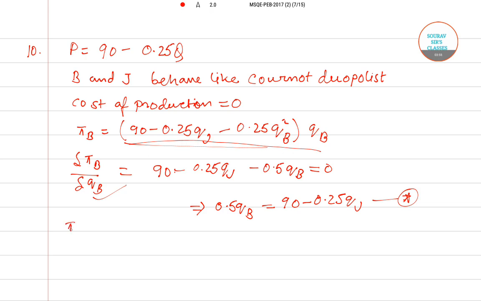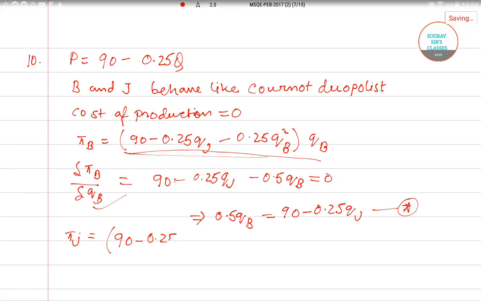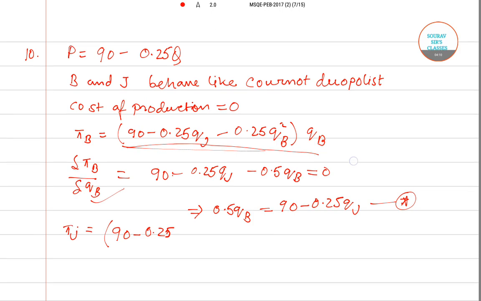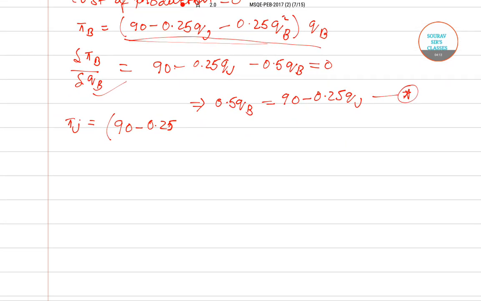Now we'll write down the profit equation for J. The profit equation for J would look like this: 90 minus 0.5QJ minus 0.25QB, which we would multiply with QJ.